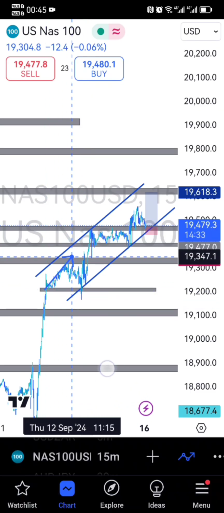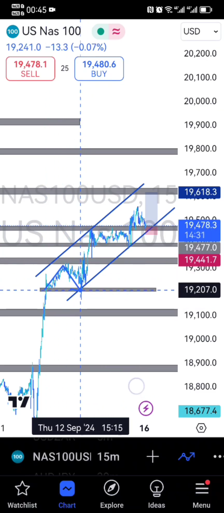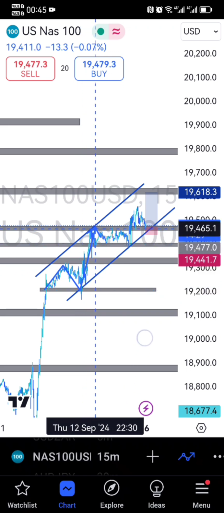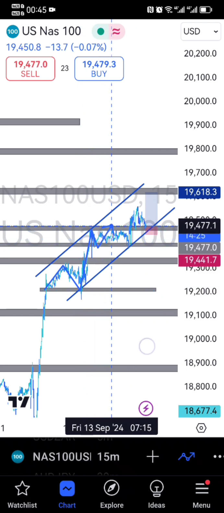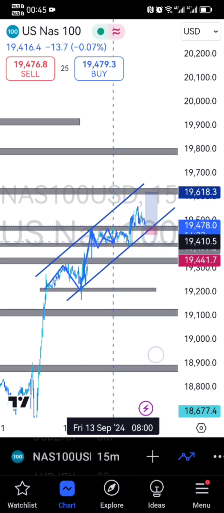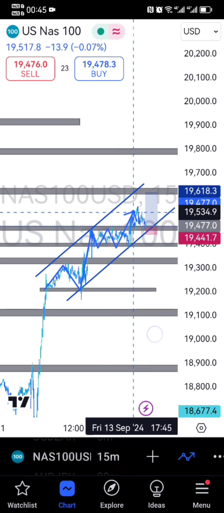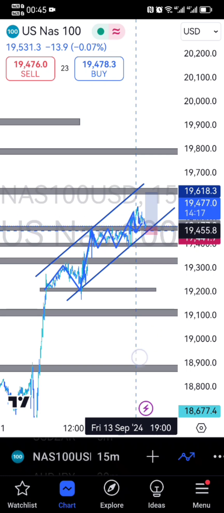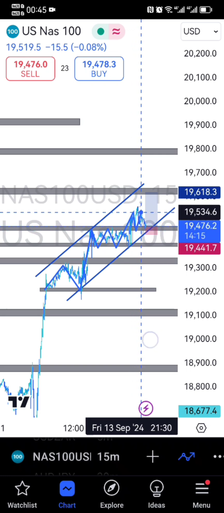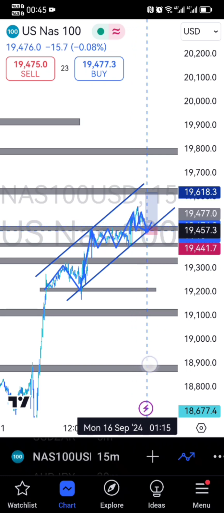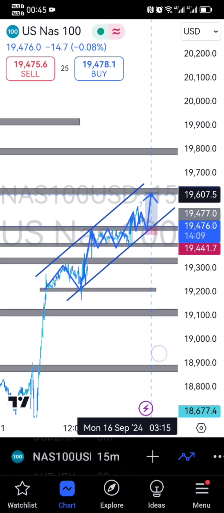It's been going up, down, giving us a double bottom, breaking up, creating a new level, just giving us those rejections at the bottoms, at the lows, and eventually just breaking to the upside. So it comes back to retest for the first time and then goes up, pulls back for the second time. We're expecting that the market is going to push up all the way to this area.